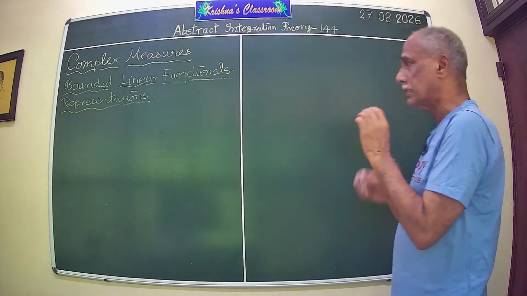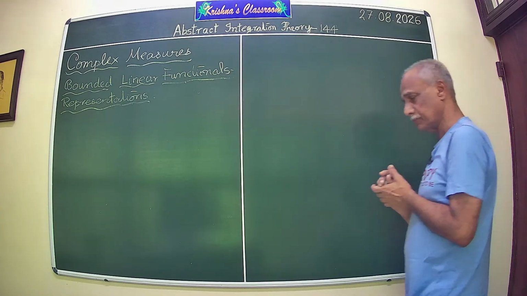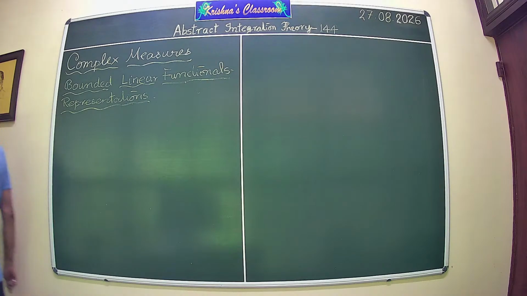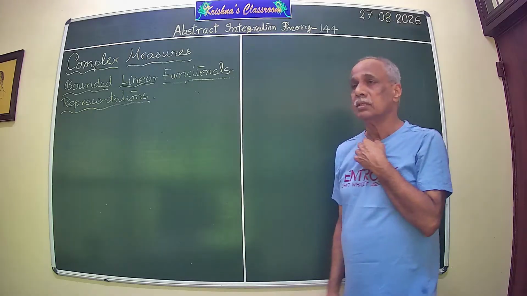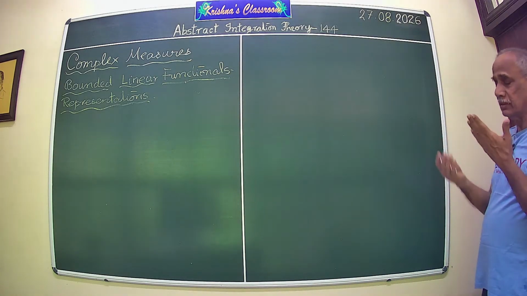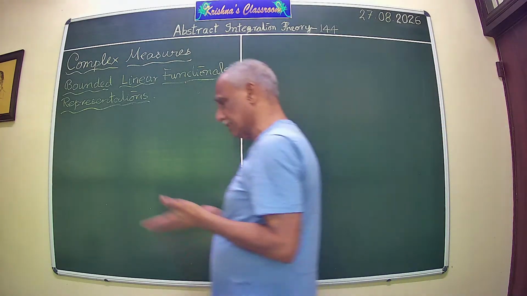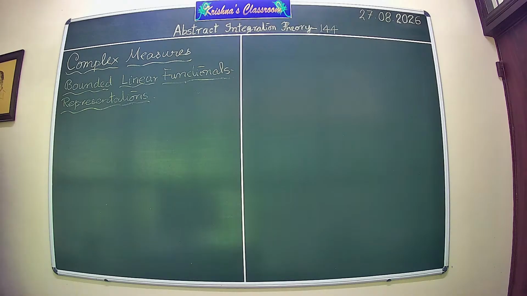Now for such functions, on such functions which form a linear space, that is functions with compact support, or the functions which die down at infinity, what you call C naught X functions.